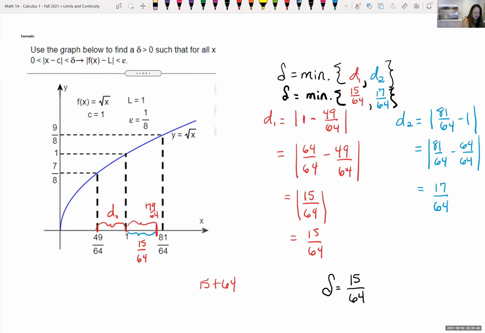The problem would be if I had chosen the bigger one, that would have put me a little bit outside over here. If I had made this 17/64, if I had subtracted that from 1, that would have given me values outside of this interval. Notice if I chose something over here and I went up, that would not bring me inside of my epsilon neighborhood.